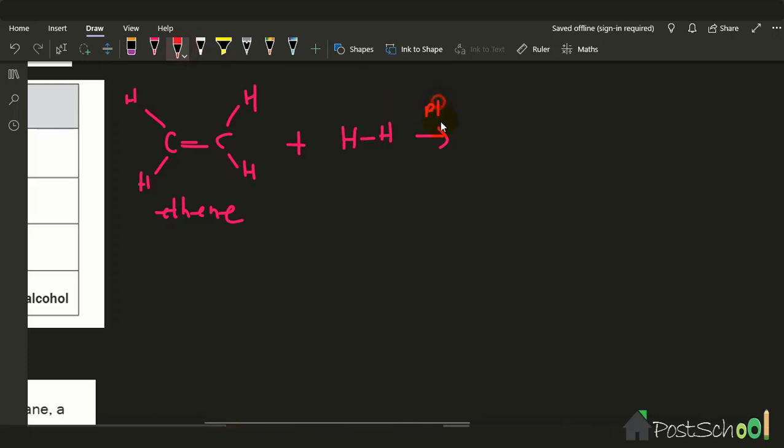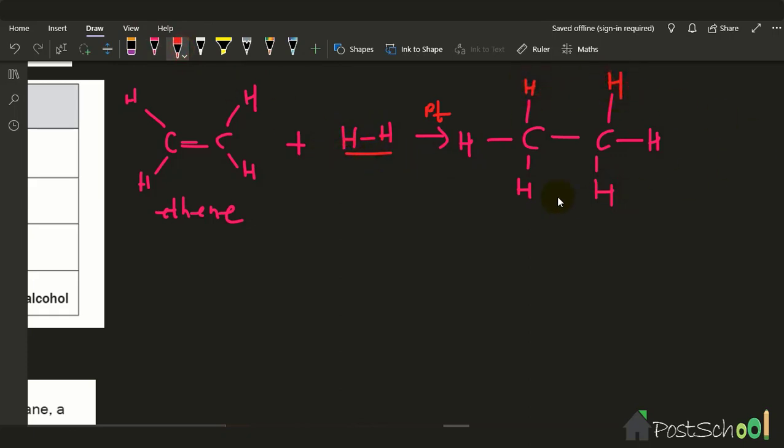Here I have written Pt. With its presence, since the bond has broken, two sides of hydrogen are left, so it becomes H H H, and then that bond we will settle neatly here. So this reaction is hydrogenation because it involves hydrogen, H2.